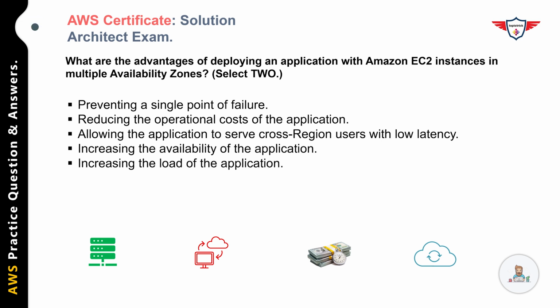And your correct answers are: prevent a single point of failure and increase the availability of the application. Availability zones are designed for physical redundancy and to provide resilience with uninterrupted performance.